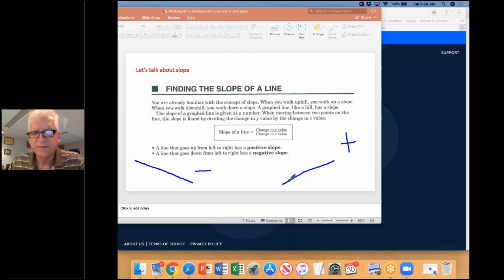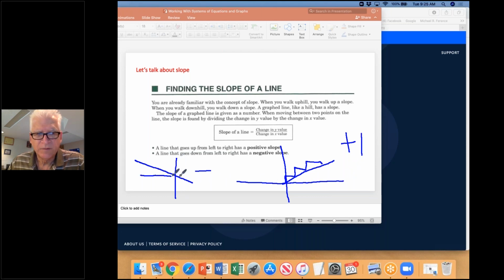And if this was a graph, the slope is determined by the number up, the number over, up, over, up, over. So this looks like it's 1 up, 1 over, 1 up, 1 over. So that's going to have a slope of positive 1.